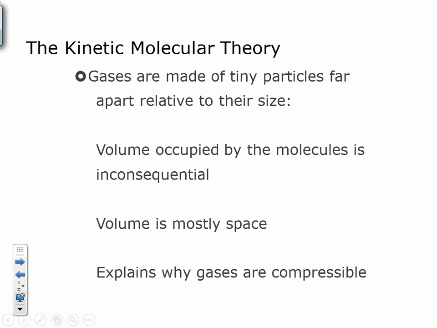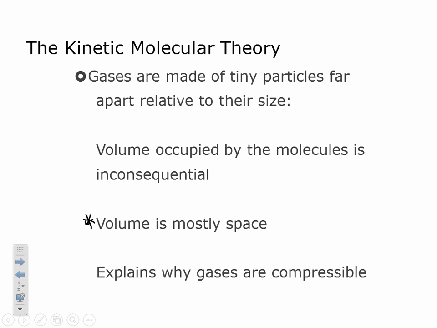Okay, but the tenets of kinetic molecular theory are that gases are made of tiny particles that are far apart compared to their size. So what we say is that the volume of a gas is mostly empty space. And that's why we can take a gas and compress it and compress it and compress it, and it just gets a smaller and smaller volume.